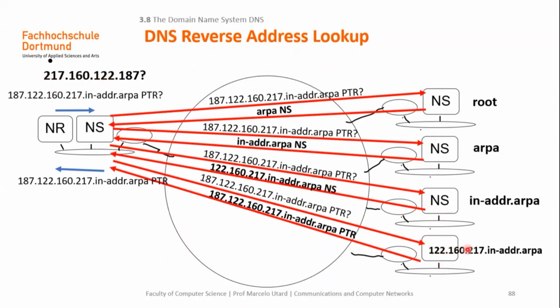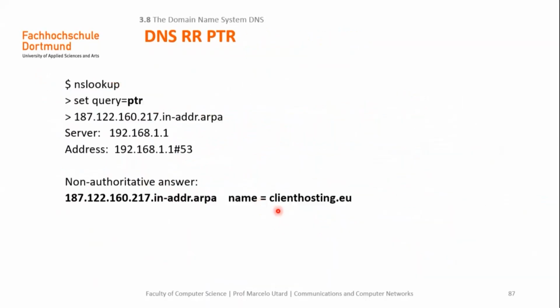And then this name server will answer with the PTR resource record asked or queried originally by the resolver. Then finally, the resolver receives the information, and the information is in fact the name associated with this address. That is this name.